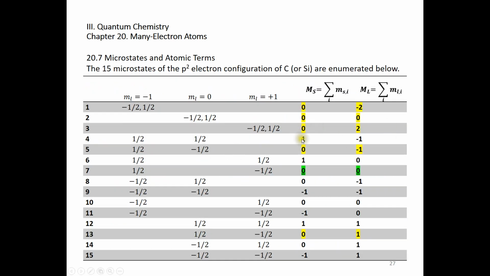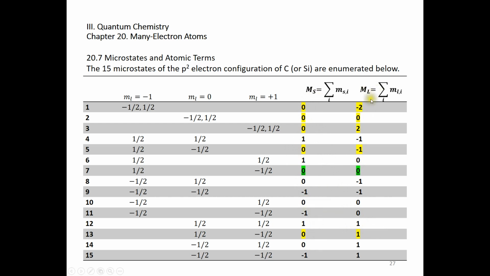Alright, so you have 1 here, 1 here, and 1 here. In these 3 rows, you have m sub S equals 1, 1, and 1. Now m sub L is negative 1, 0, and positive 1. Alright, m sub S can also be 0. So let's find 3 zeros: 0, 0, 0.